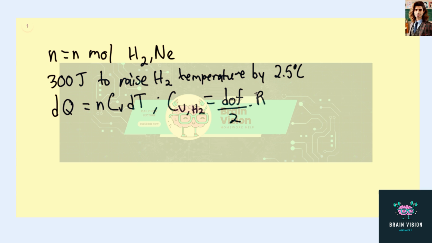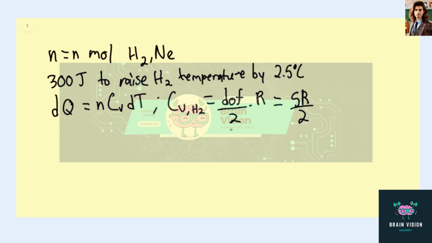So with hydrogen, it's 5, so it'd be 5R over 2. 3 of the degrees of freedom come from translational motion. Any atom, any molecule has at least 3 degrees of translational motion, because one atom can move in the x direction, the y direction, and the z direction.